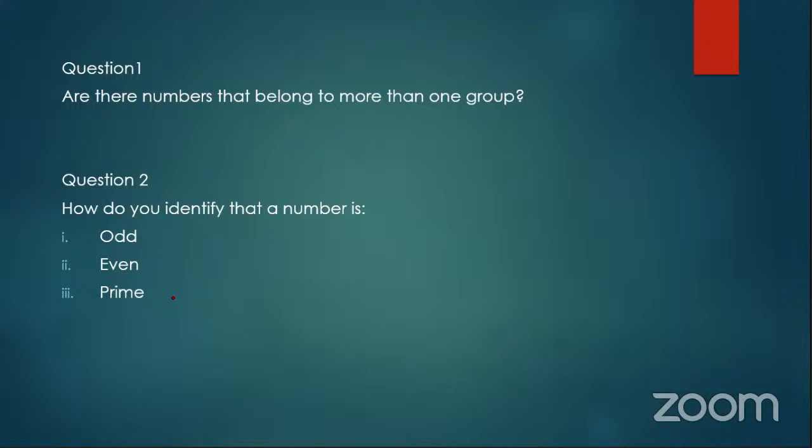So what are examples of prime numbers? We have 2, 3, 5, 7, 11, 13, 17, 19, and others.